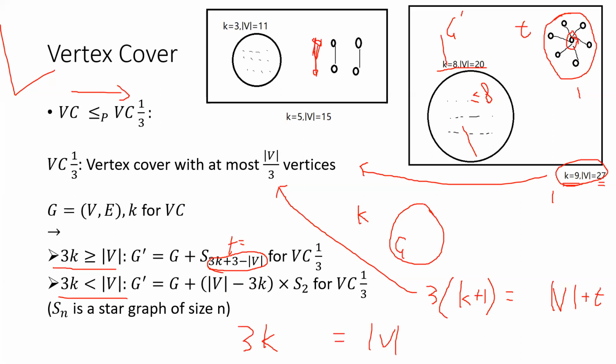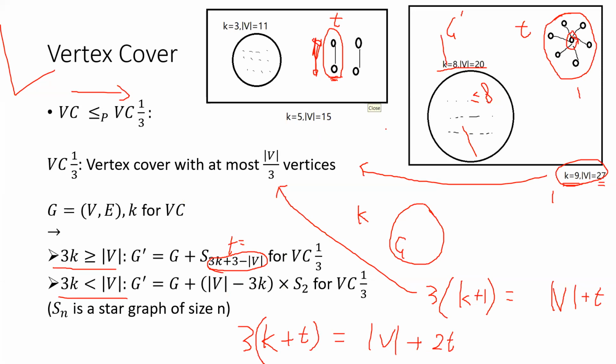If you want to know the number of such graphs added to this G, suppose it's T, then for each T you have to have one more vertex in the vertex cover set. And for each of these graphs, you will have 2 more vertices.